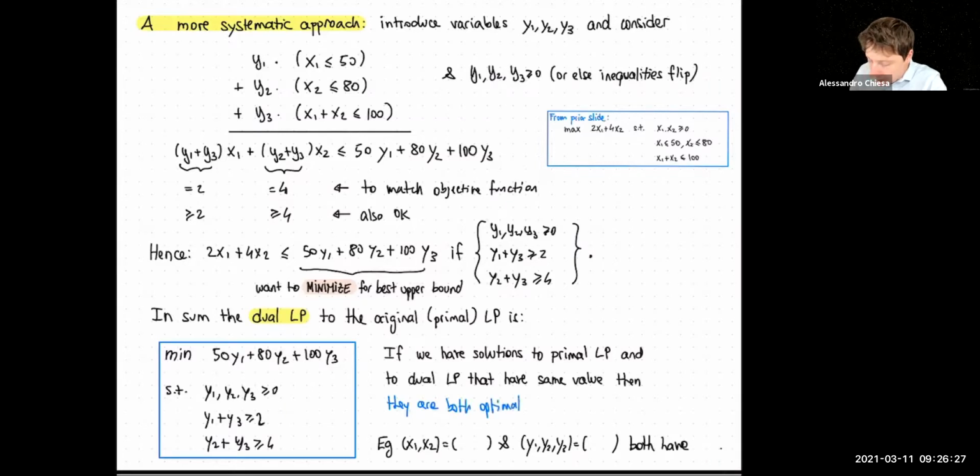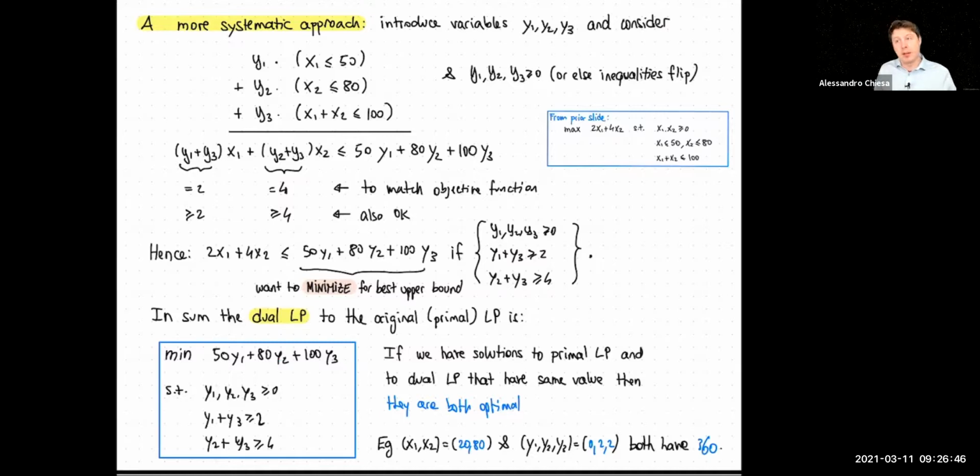In our case, x1 and x2 being 20 and 80, and y1, y2, y3 being 0, 2, 2, they both have value 360, right? We can see it here. If I put 0 here, and 2 here, and 2 here, I get 360, which is the same value that I got, all right?